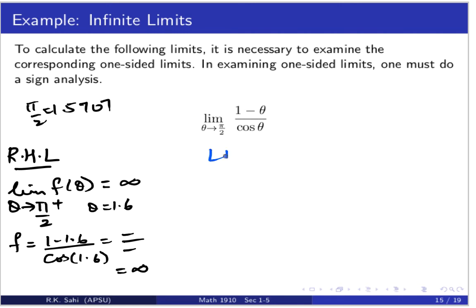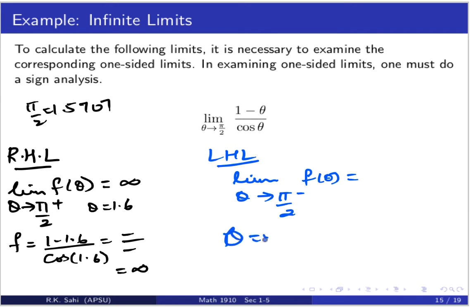Let's look at the left-hand limit. So you're looking at the limit as theta approaches pi half negative. That means you take a value less than 1.57 and you look at f of theta. Let's say theta is 1.5. Then f is 1 minus 1.5 over cosine of 1.5.